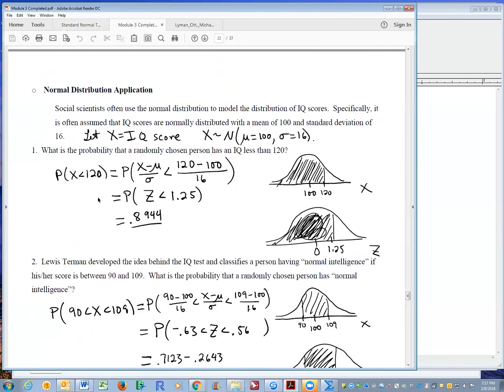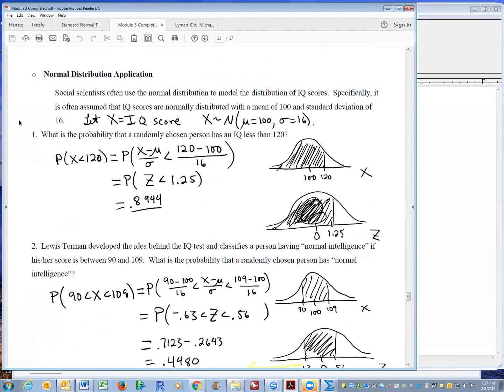Page 22. Here we had an application, where it's assumed that IQ scores follow a normal distribution. It's a non-standard normal distribution. The mean is 100 and the standard deviation is 16.